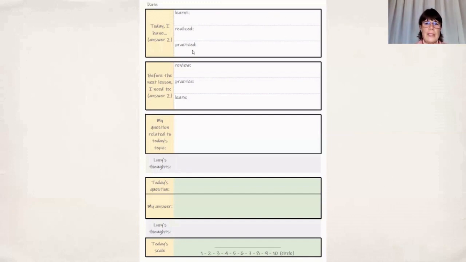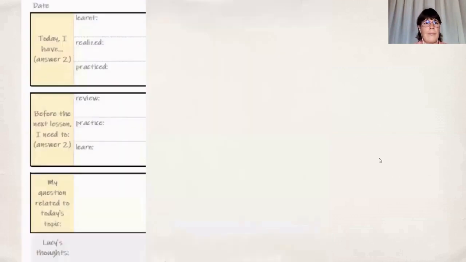And what you may notice is that there's a white part and a green part. The white part, students go ahead and write without needing any information from me, while the green part is specific to each presentation.